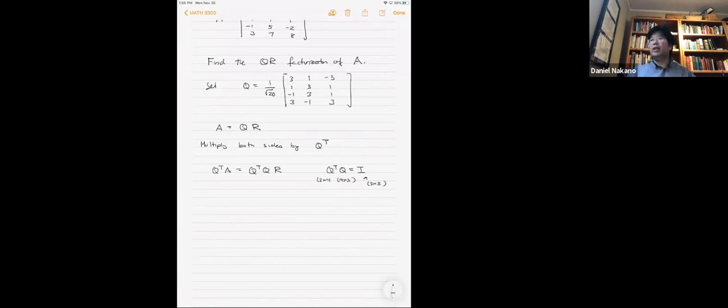That's because your columns are orthonormal, so when you take the dot product of a row with any of the columns, you get 1, 0, 0, and then 0, 1, 0, et cetera. So this is the identity. That means that Q transpose A is R.